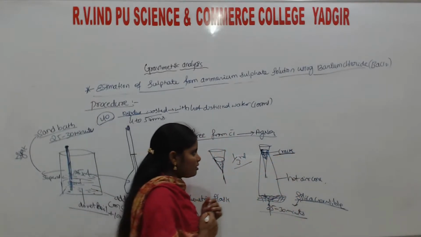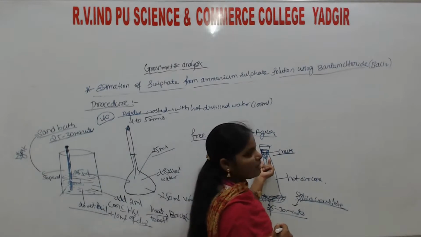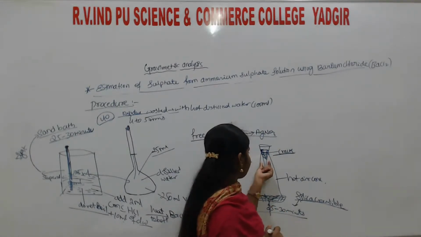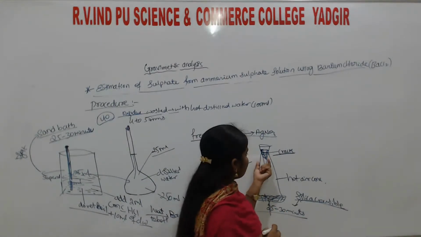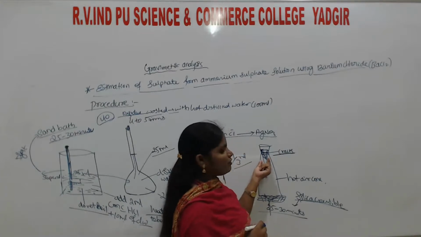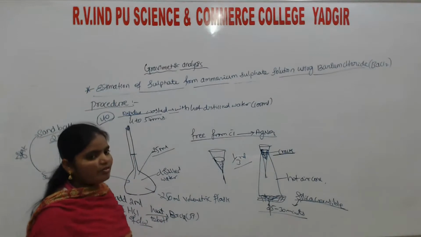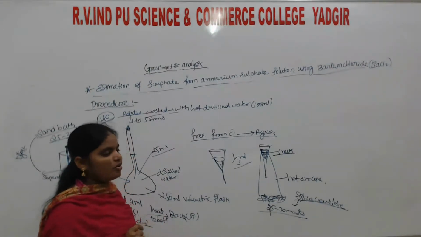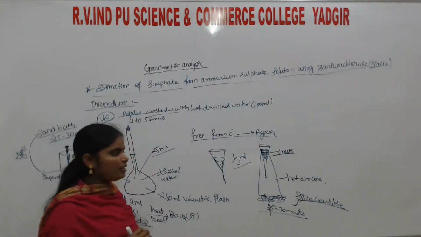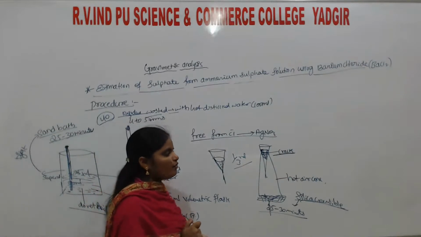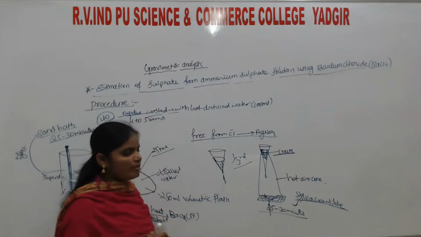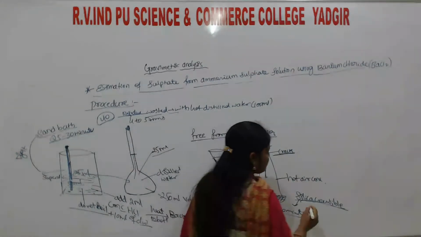Then the filter paper along with the residue is transferred to a crucible, a previously heated, cooled and weighed silica crucible, as used in gravimetric analysis.